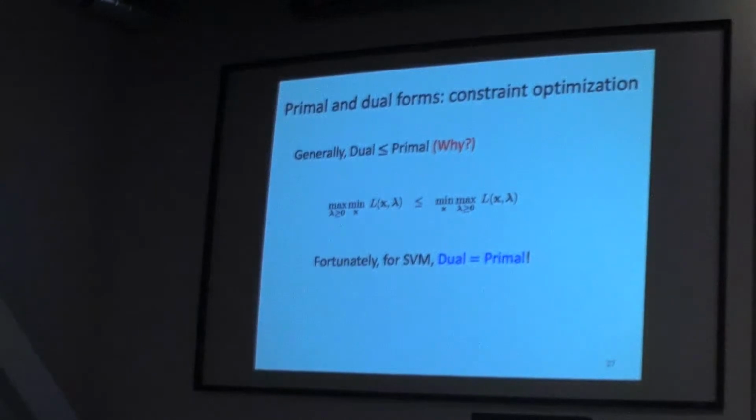But here's a nice property of SVM. For support vector machines, the dual form is equivalent to the primal form, meaning that the solution from solving the dual optimization problem is exactly the same as the solution from solving the primal formulation.